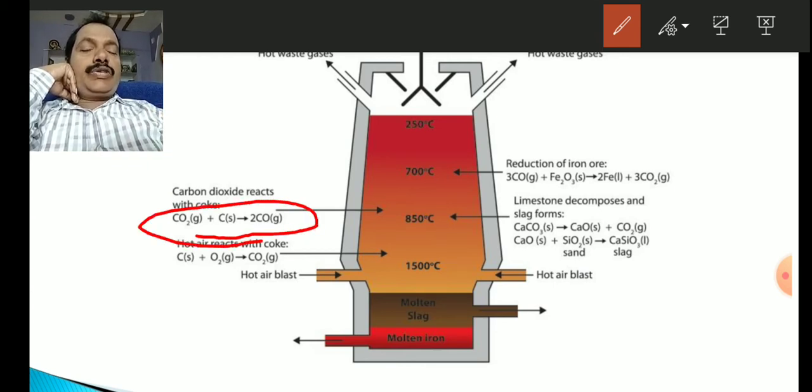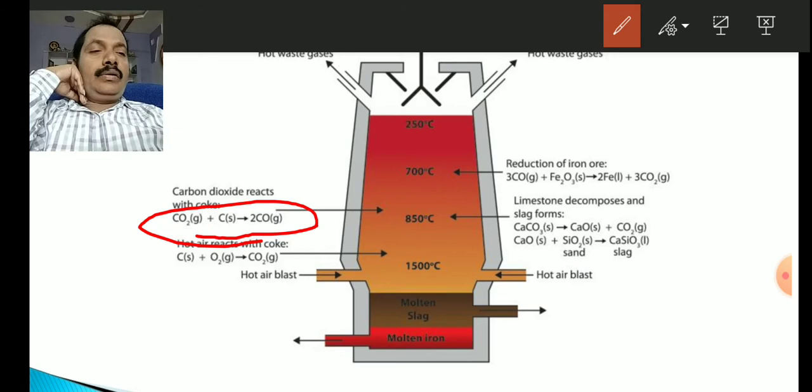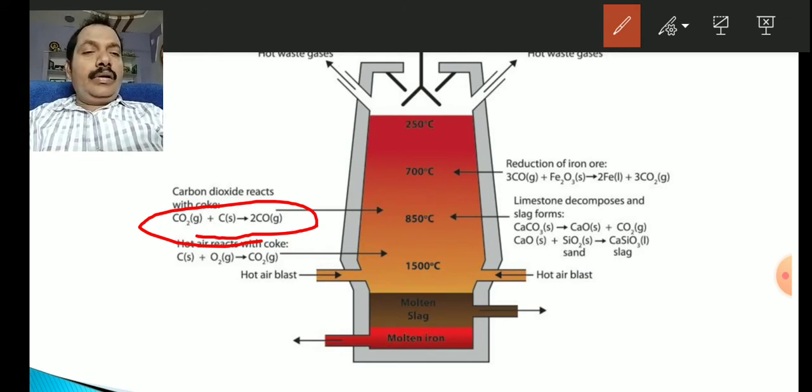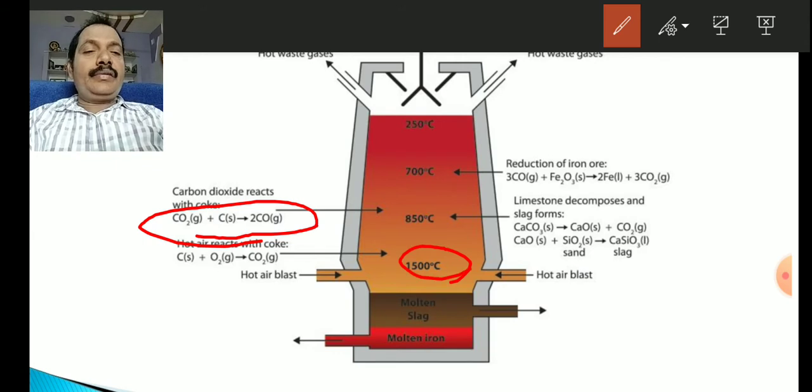It produces carbon monoxide, the gas. And at 1500 degrees centigrade, we have, you see, carbon and oxygen, carbon dioxide, and at the same time, the molten metal also will form.